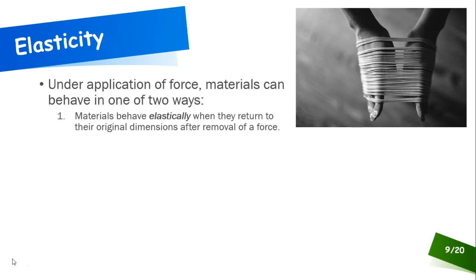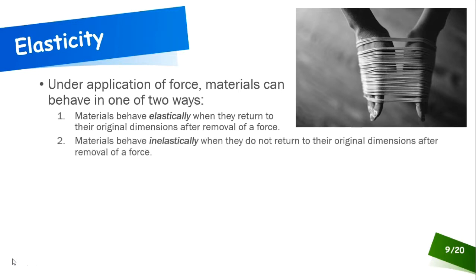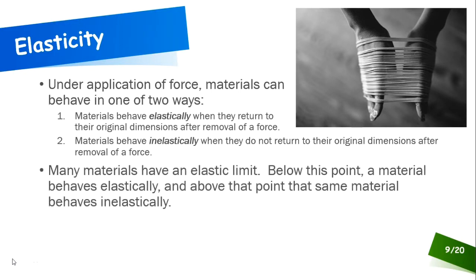And although it's really hard to see with the naked eye, many metals that are crystalline in structure behave elastically up to a certain limit. Beyond this limit, which we call the elastic limit, the material will behave inelastically, meaning it's not going to return to its original dimensions when you remove the force. There is some permanent deformation that you've introduced into the material.